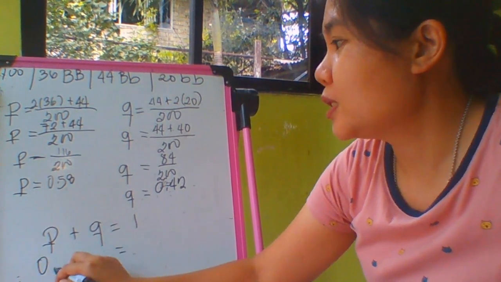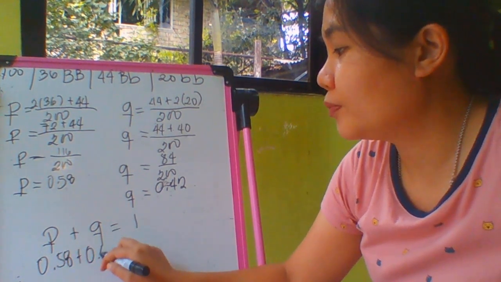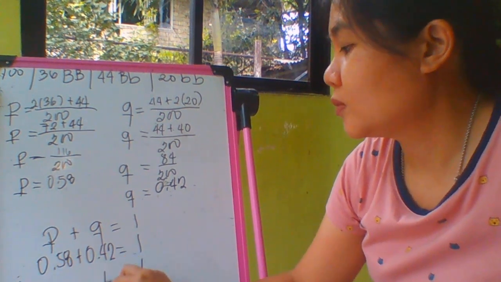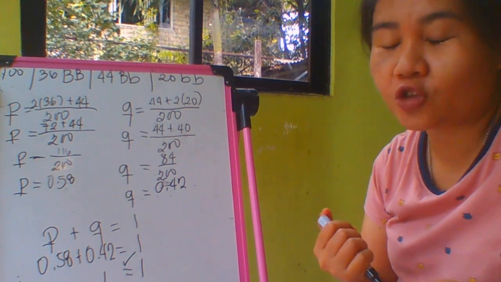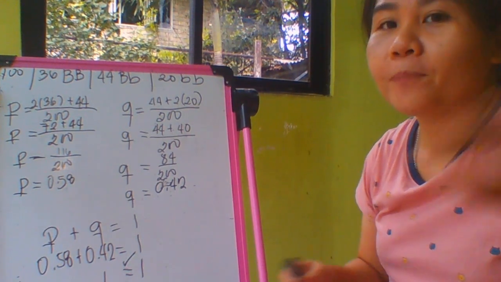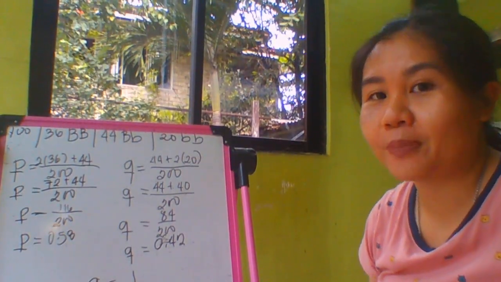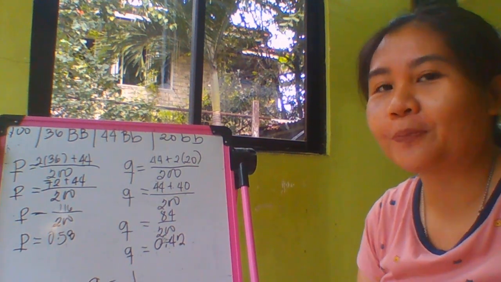So 0.58 plus 0.42, and that is correct. You really have to do your rechecking just to check if your answers are correct. There are questions regarding how you do this. You have to do this step by step. If you miss one, you are wrong already.